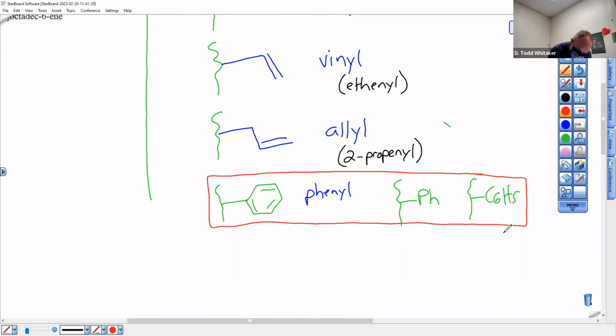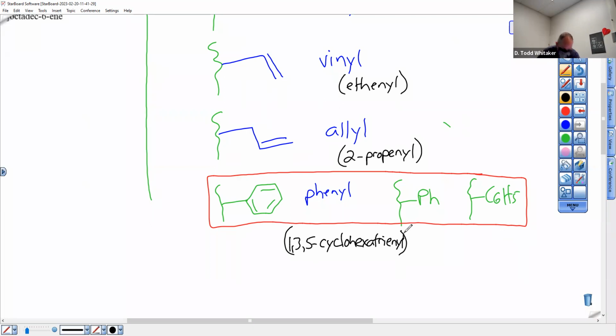But if you want the parenthetical name, following the pattern upstairs, that's carbon 1, that's carbon 2. That's why it got 2 in its name. 1, 3, 5, cyclohexa, tri-en-yl.